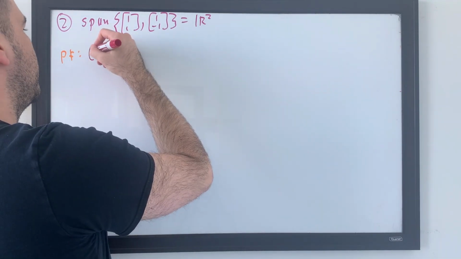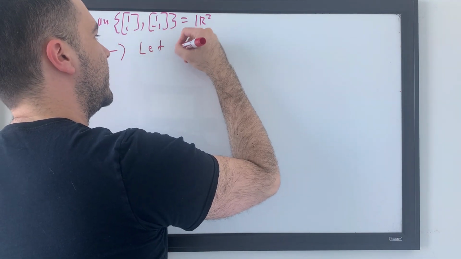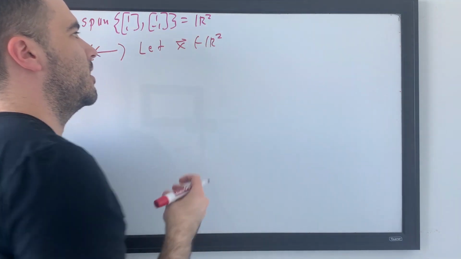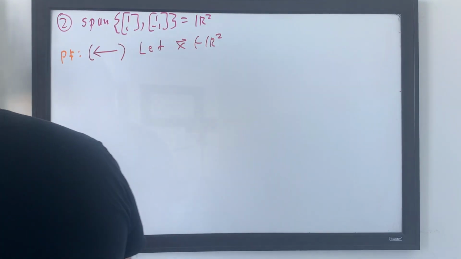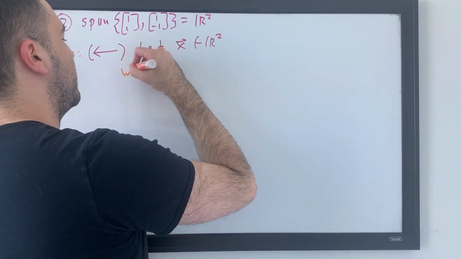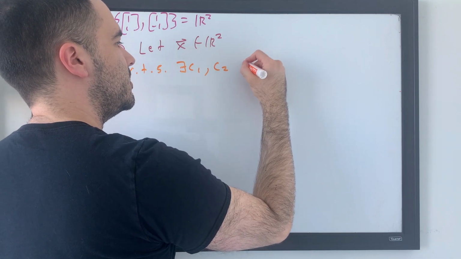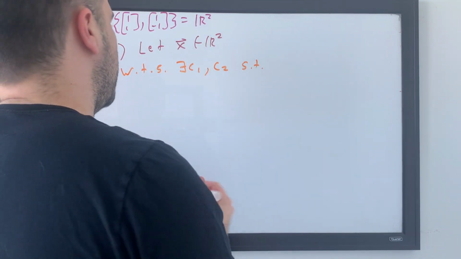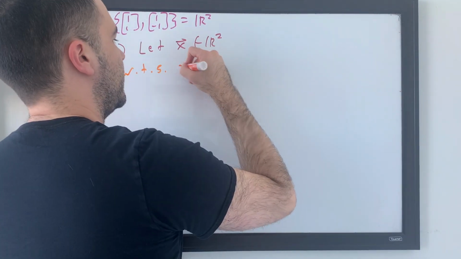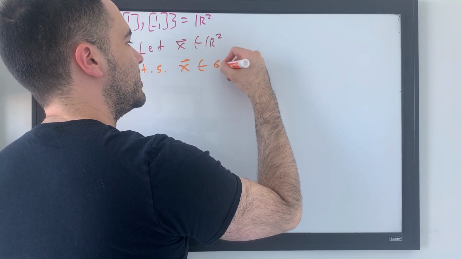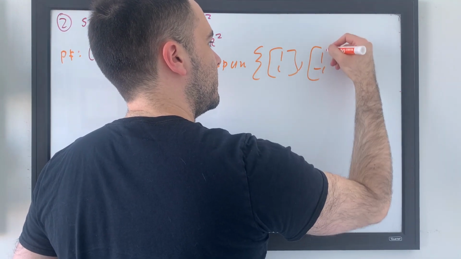So the backward direction is now going to be: let x be an element of R squared. We want to show that there exists a C1 and C2 such that x is within the span of our two vectors, (1, 1) and (1, -1).